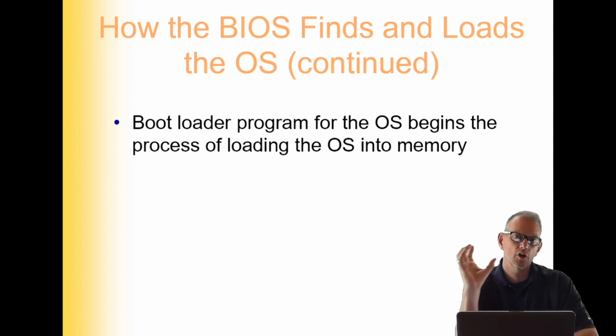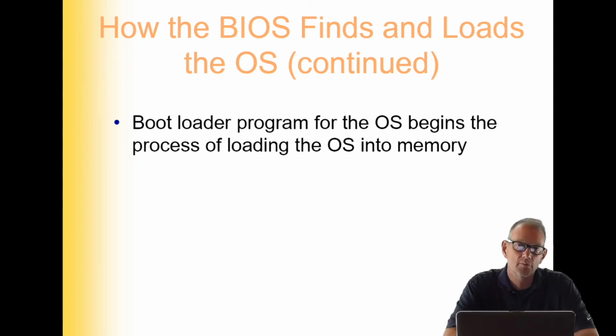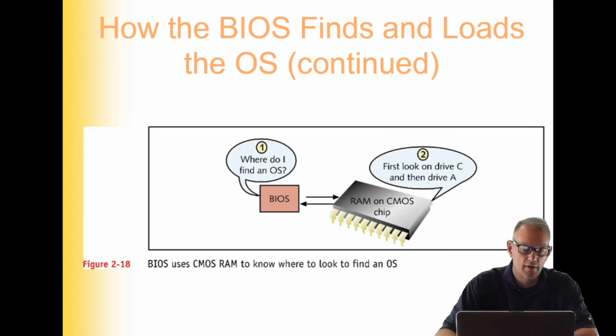So the slower our secondary storage is, the harder it is to get it into primary storage, and the longer it takes the computer to load it, which is why some people that have traditional hard drives get so upset about how long it takes for Windows to load, because it's loading into memory. Once it's in memory, if you have a lot of memory, it's going to run almost as fast as one that's on a solid state drive.